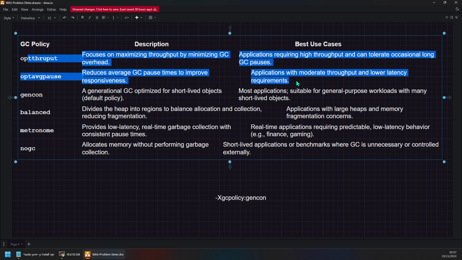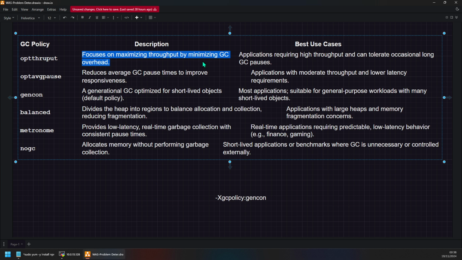And optthruput runs the global GC with stop-the-world mark and sweep operation, the vanilla one. There is no concurrency in this, so that's why the throughput is high here, because it does it one time. Remember, in the previous video I also talked about it. It runs once and it will use all threads to perform the garbage collection.